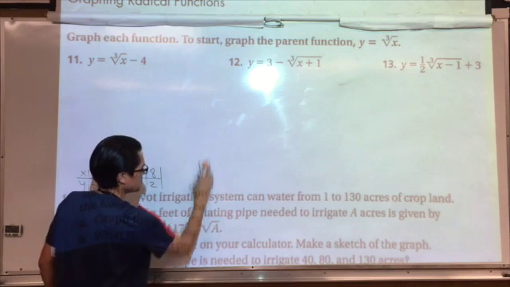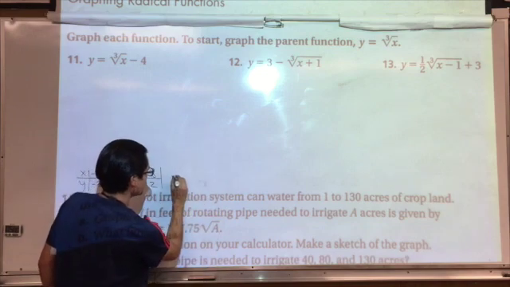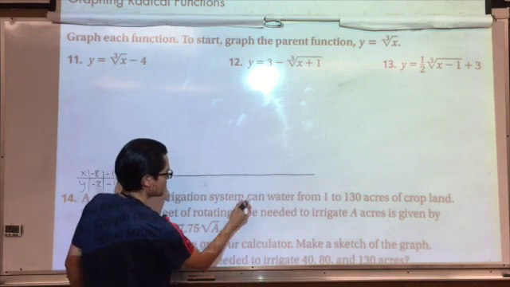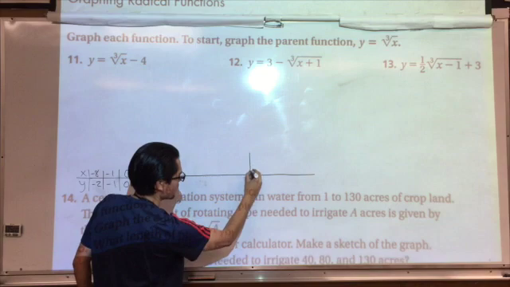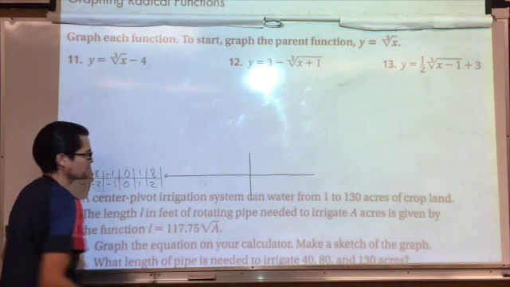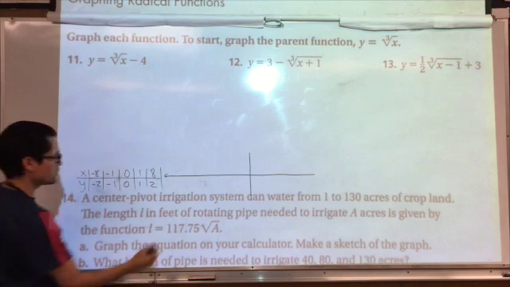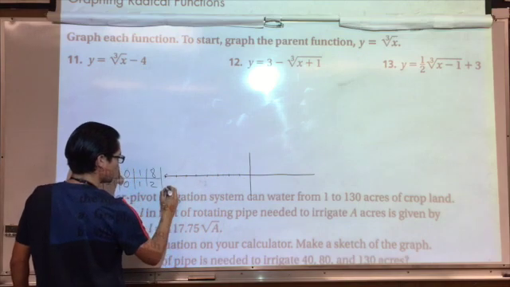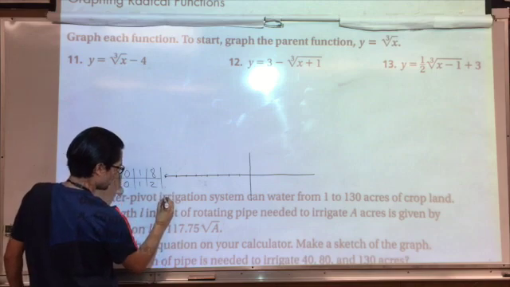Actually, I'm going to do it here because it goes pretty far out. And my y-axis is right there. That should fit. Let's see. Negative 8, negative 2. 1, 2, 3, 4, 5, 6, 7, 8. 1, 2. Right there.